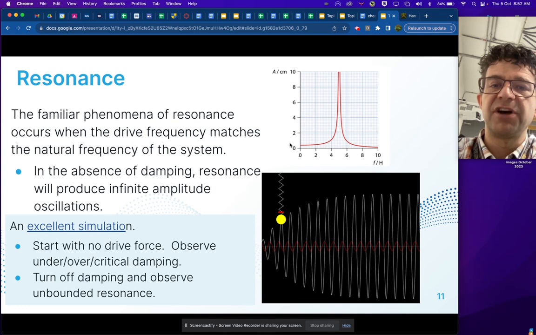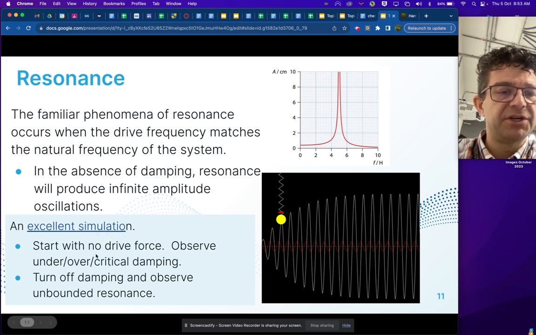And this is generally thought of as being after a long time of having the drive force applied. And here we're seeing an unbounded resonance curve where there is no limit to how much amplitude we have. We get infinite amplitude oscillations. So we're going to do two things. We're going to start with no drive force and just observe under, over, and critical damping. And then we're going to observe this unbounded resonance.